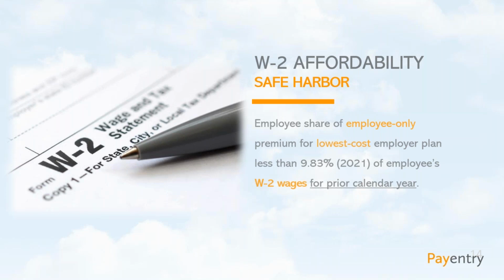So taking the lowest paid person in your company and running that calculation of 9.83%, if your premium is more than 9.83% of their W-2 wages, then it's not affordable. And you have to either face some penalties or correct it.